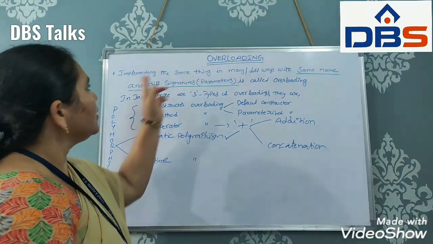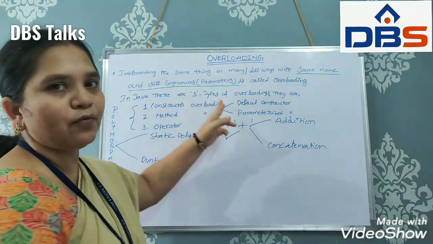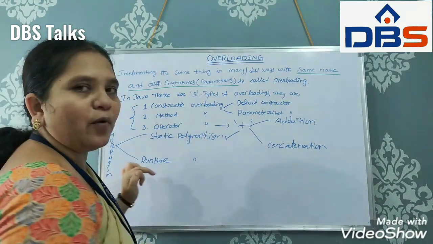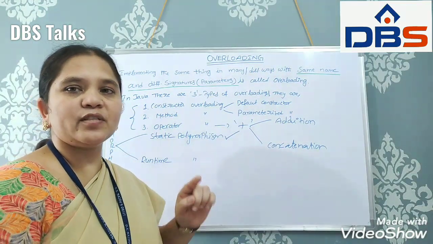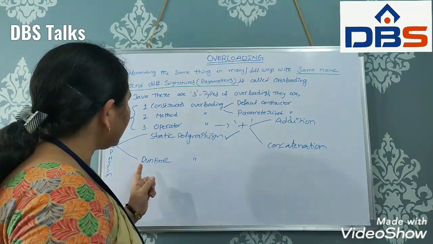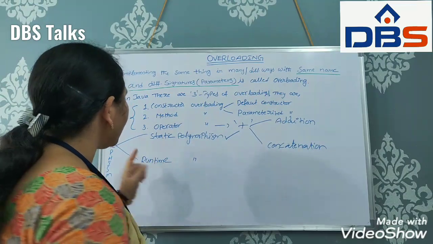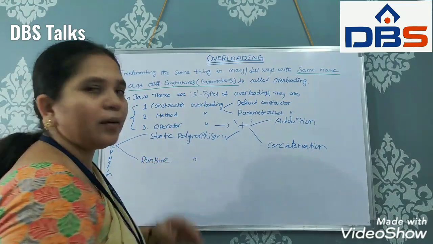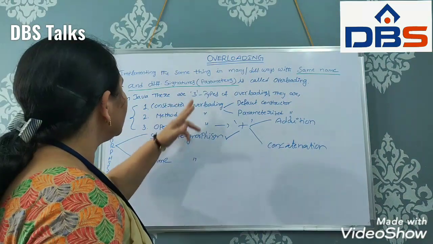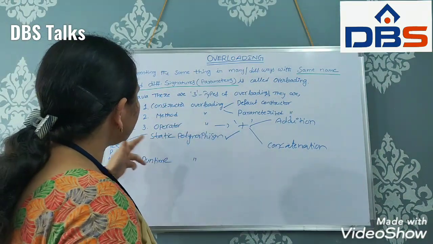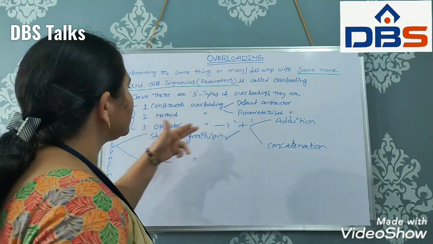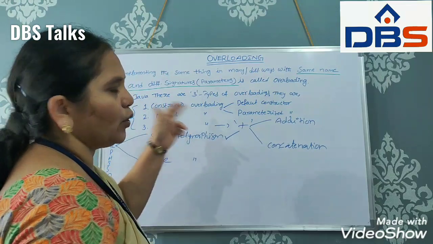So what is overloading and the types of overloadings, and all these overloadings are called polymorphism. Generally polymorphism is of two types: static polymorphism and runtime or dynamic polymorphism. Static polymorphism can be implemented by using these three types of overloadings.